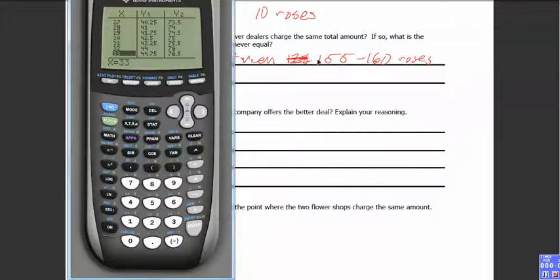But for example, we said we thought the prices would cross somewhere between 155 and 160. So we're going to go to table set. We're going to go second, and then table set is this blue one right here. So there we go, and we want to start at about 155. Okay, and then we will go enter so that it saves it, and then we'll go back to our table.